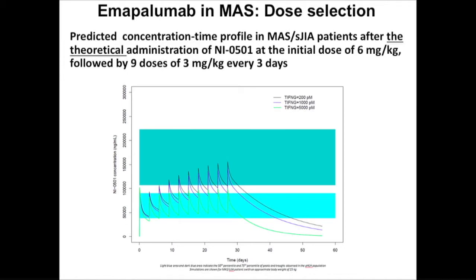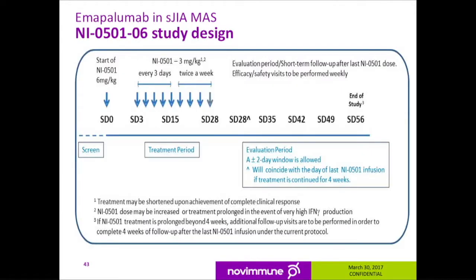This dosing regimen was chosen to give a prompt effect, 6 milligrams, able to neutralize the high level of total gamma present in these patients, and then maintain neutralization even in the presence of high levels of interferon gamma production. So this is the study design.